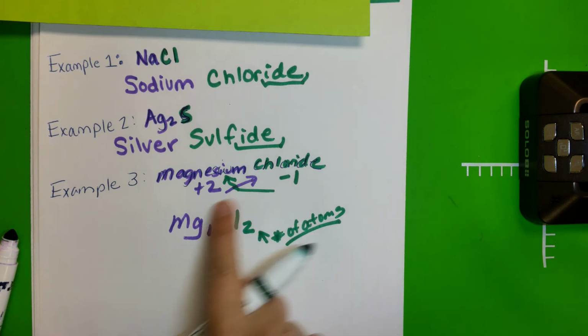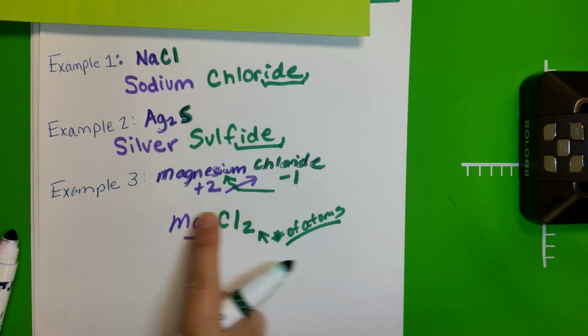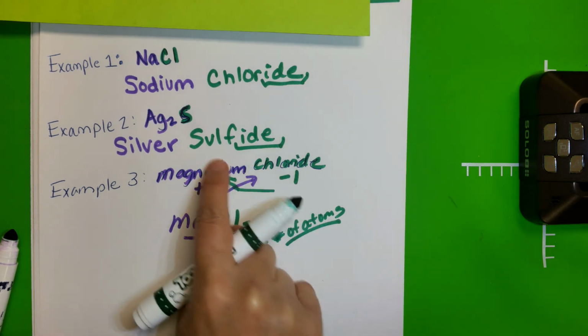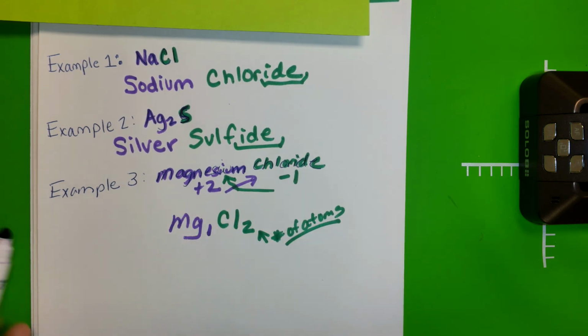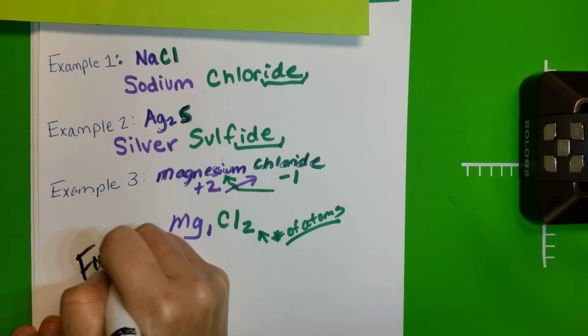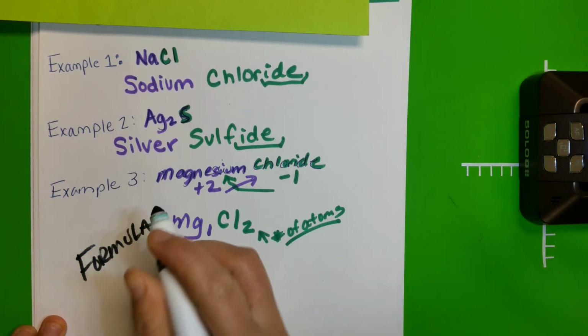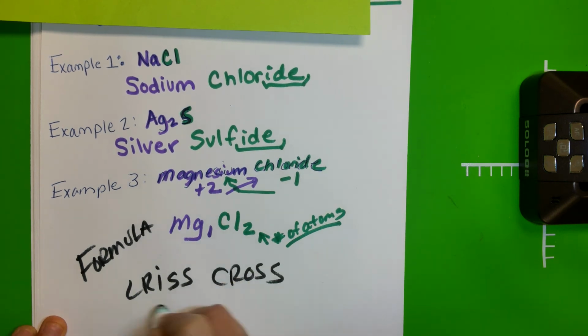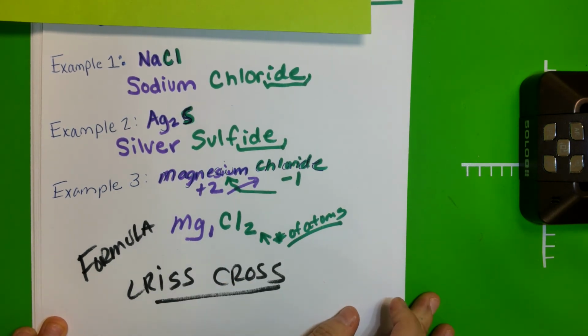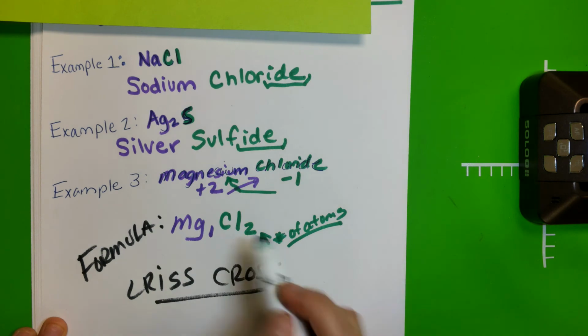You need the ions, and you have to crisscross them so you can write the formula. Very important: the crisscross method.